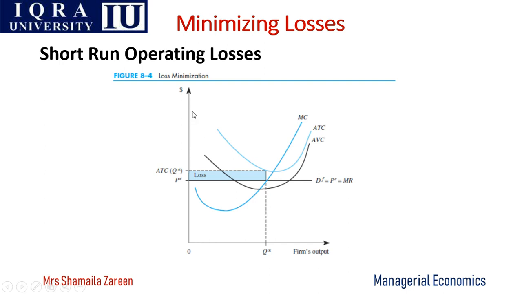By producing Q star unit of output, the firm is able to put an amount of money into its cash drawer that exceeds the variable cost of producing these units and thus contributes towards the firm's payment of fixed cost. In the short run, while the firm in figure 8.4 suffers a short run loss by operating, this loss is less than the loss that would result if the firm completely shut down its operation.